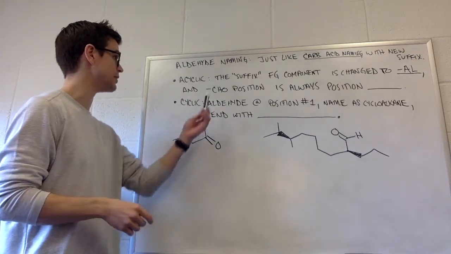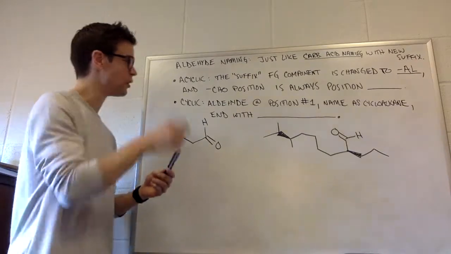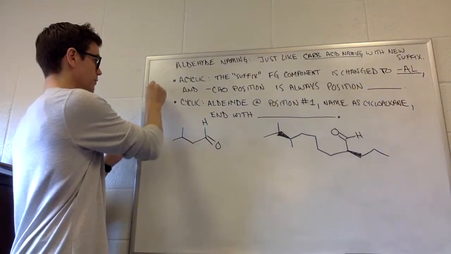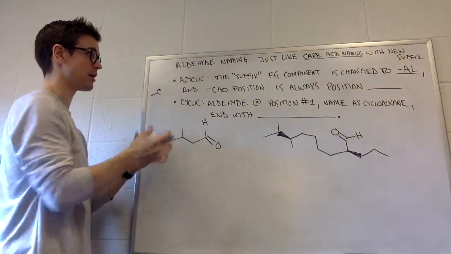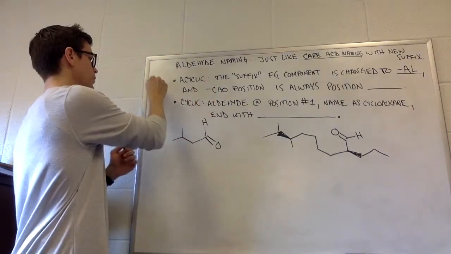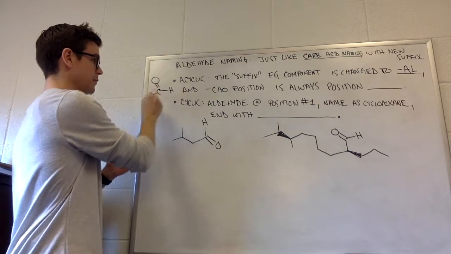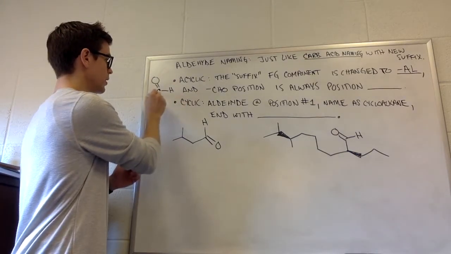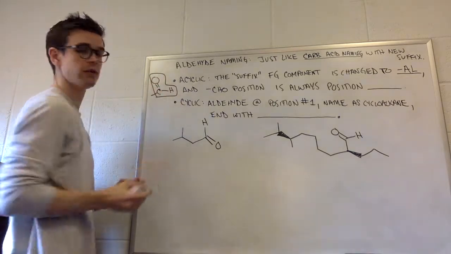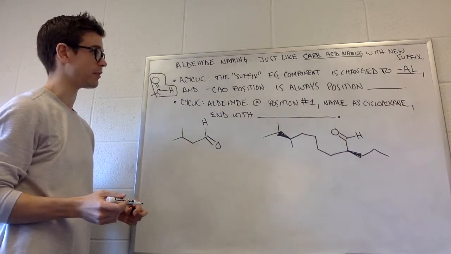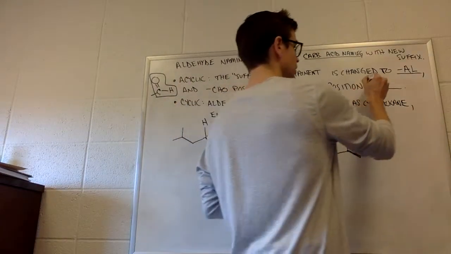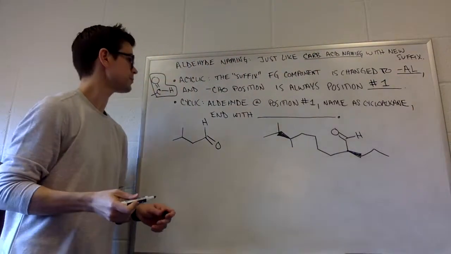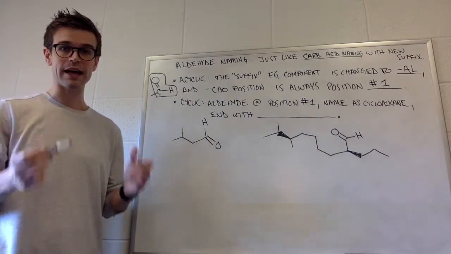And the CHO position, so what is a CHO? Well, CHO is neutral, so you have to combine it in such a way to make those three atoms neutral. The only way to do so is to have it be an aldehyde. So the aldehyde position, this carbon here of the CHO, is always position number 1.